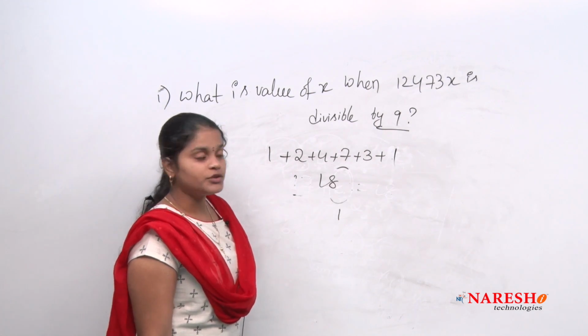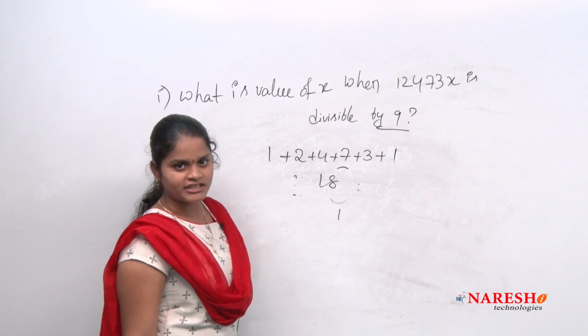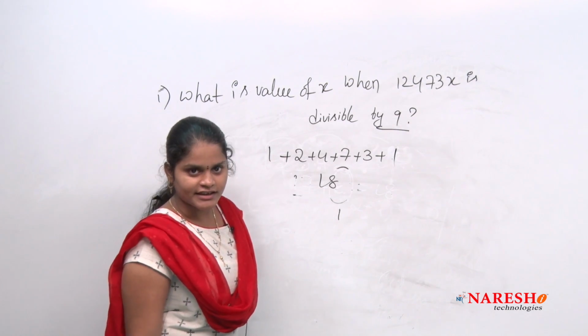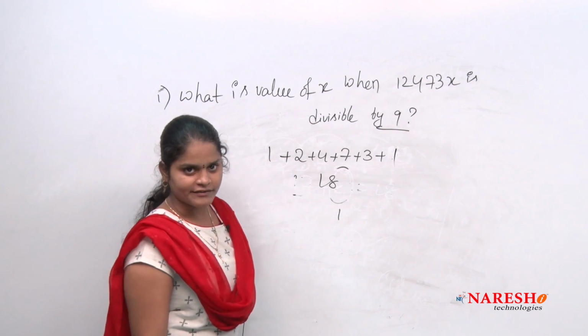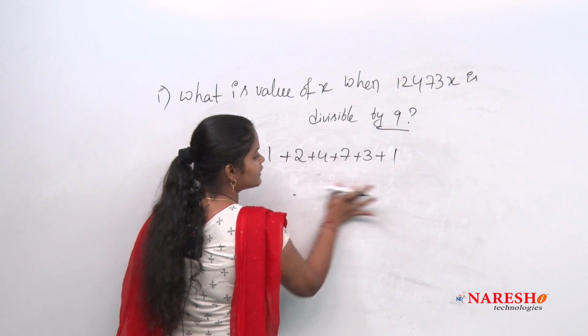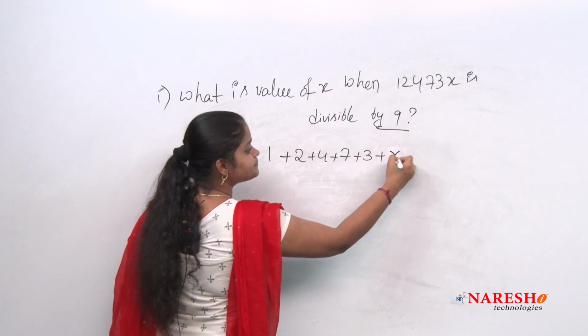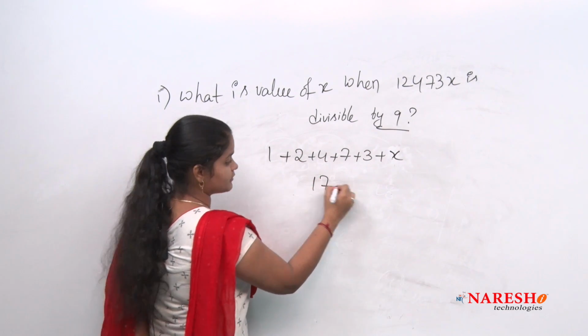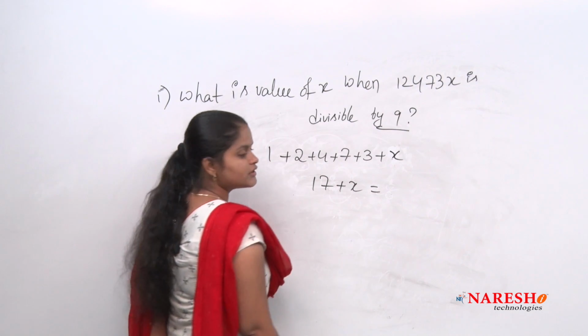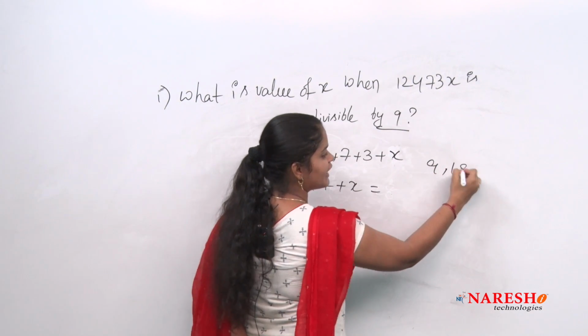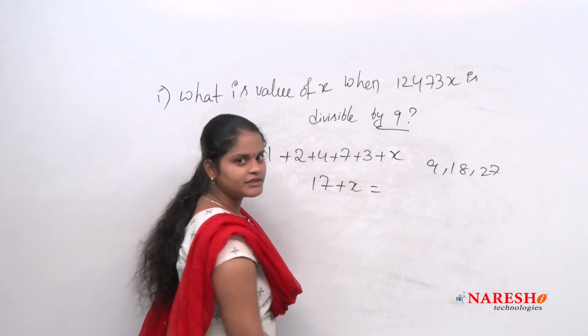You might ask, ma'am, why only 18? The next number 27 is there, so why can't I take 27? Let's see. This sum is 17 plus x. 9, 18, 27, any of these I can take.